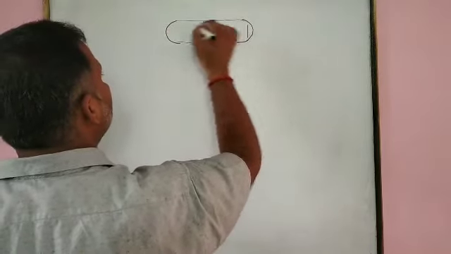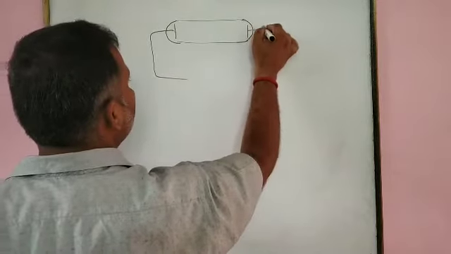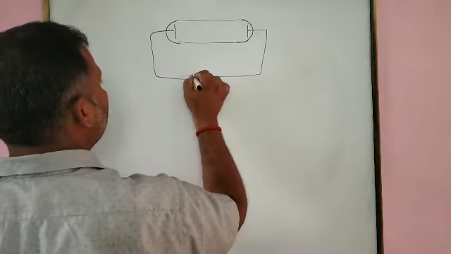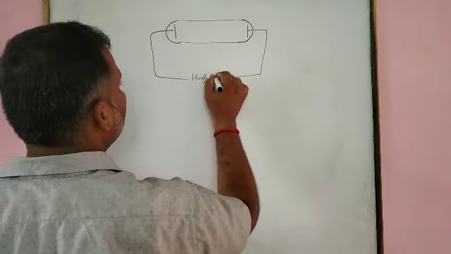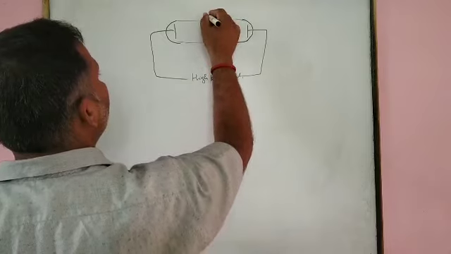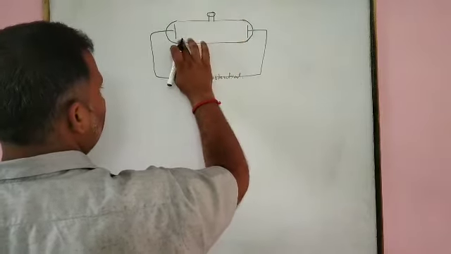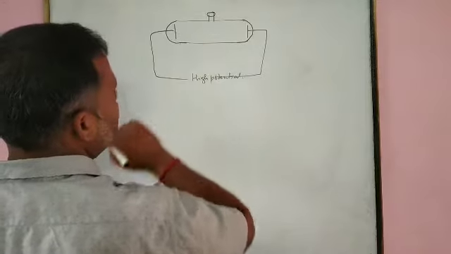We have the electrodes attached to a high potential. We have a vacuum pump here, which is used to reduce the pressure, as I have discussed.